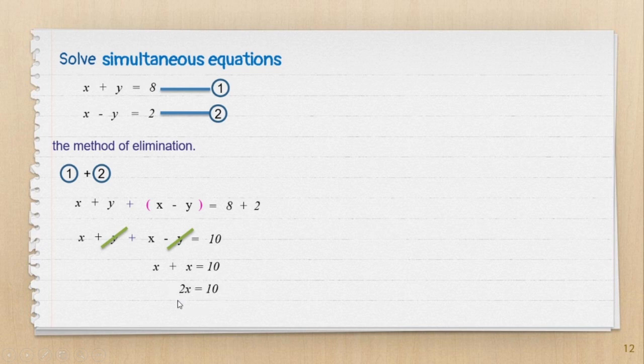Then we obtain a linear equation in x. Now you know how to solve this linear equation. Okay, try yourself and find the value of x. You can simplify like this and like this, then x equals 5. To find the value of y, we should substitute x equals 5 in equation 1.